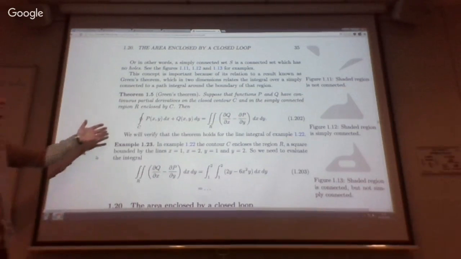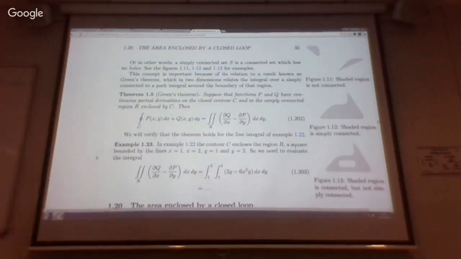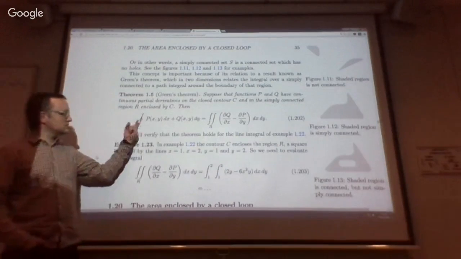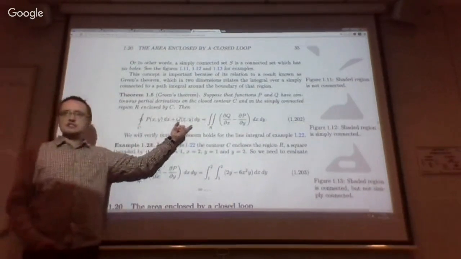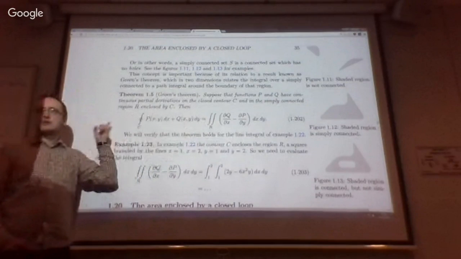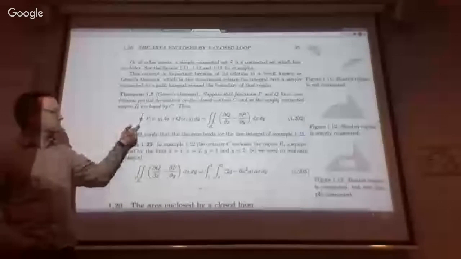And then Green's theorem says that these two integrals are equal. This is your general integral of a linear differential form along the curve C, the integral of P dx plus Q dy.